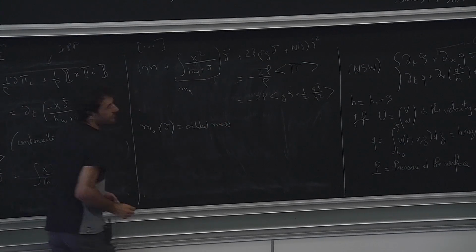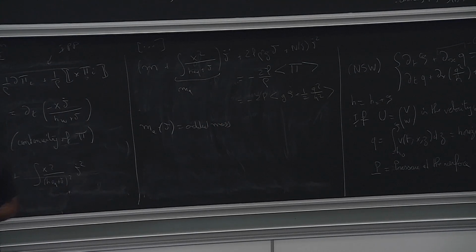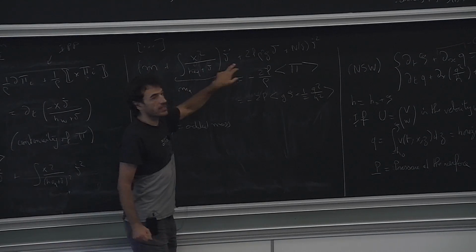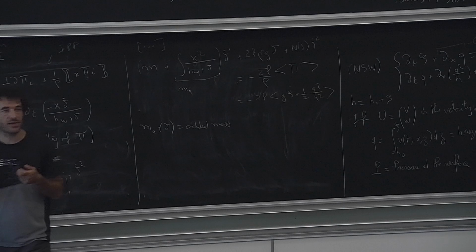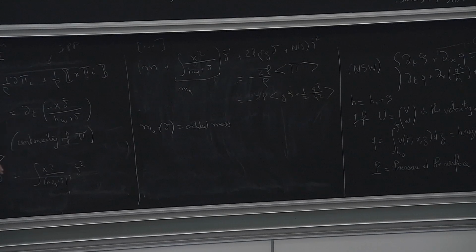So what does it mean? It means that when an object moves, of course it has to accelerate itself. So in Newton's equation, you have this m delta dot dot, but it also has to accelerate the fluid which is around itself. So it's like it had more mass than its actual mass.